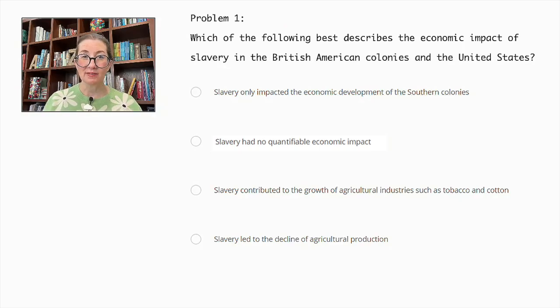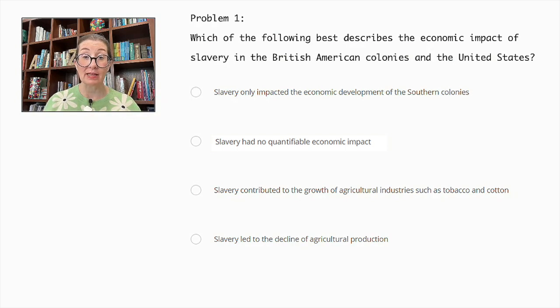Problem number 1. Which of the following best describes the economic impact of slavery in the British American colonies and the United States? Slavery only impacted the economic development of the southern colonies. Slavery had no quantifiable economic impact. Slavery contributed to the growth of agricultural industries such as tobacco and cotton.